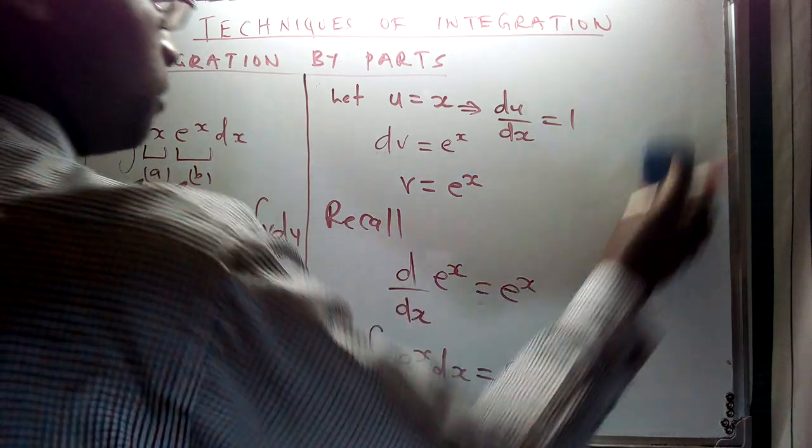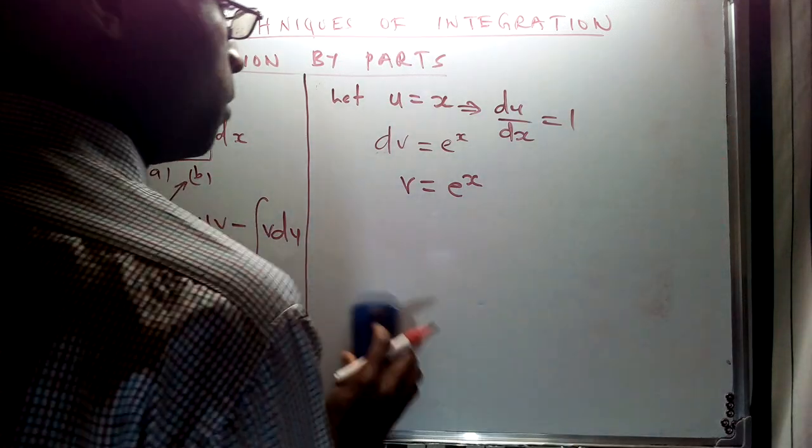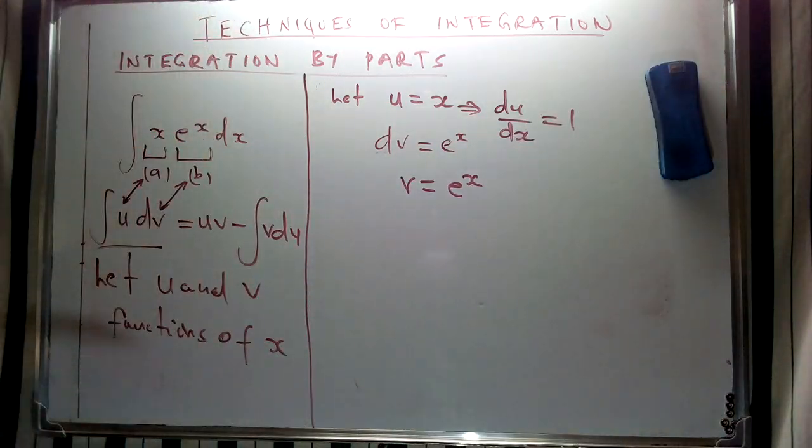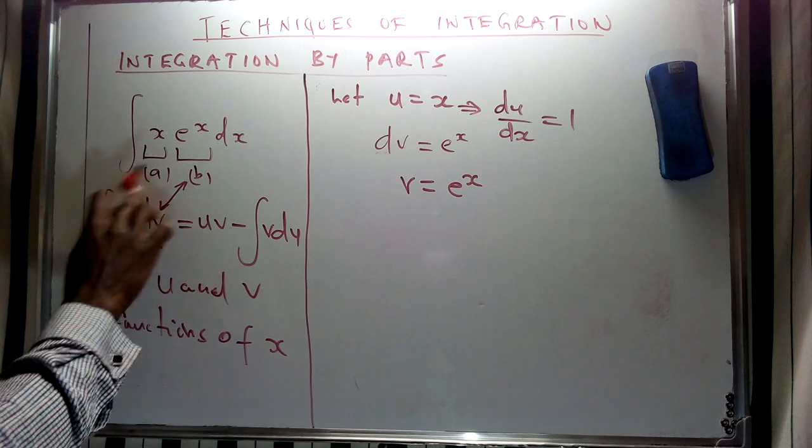In this case, I'm just going to leave this out so that we can concentrate on our example. So we can write our integral in terms of this specific rule.